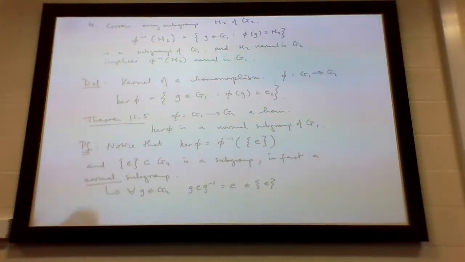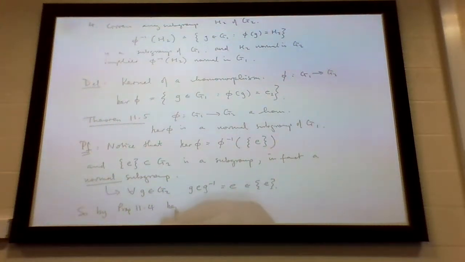So when you conjugate any element of the subgroup, it stays in the subgroup. That proves it's normal. So by Proposition 11.4, the kernel of phi is a normal subgroup of G1.